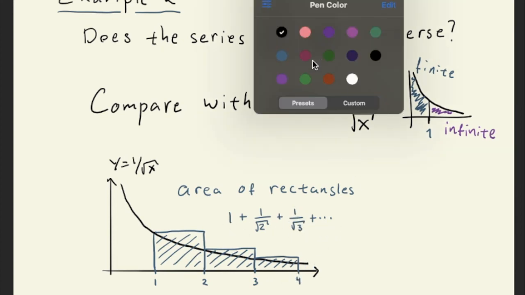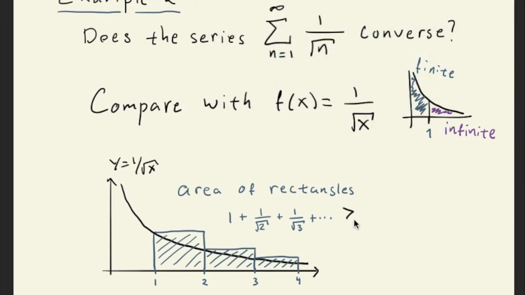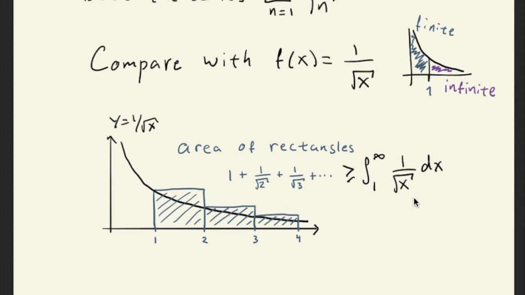And from the picture, you can see that these areas are bigger than the integral from 1 to infinity of 1 over root x, right? The area of these rectangles is bigger than the area under this graph, but we know that this is infinite. It diverges. We already analyzed that previously.